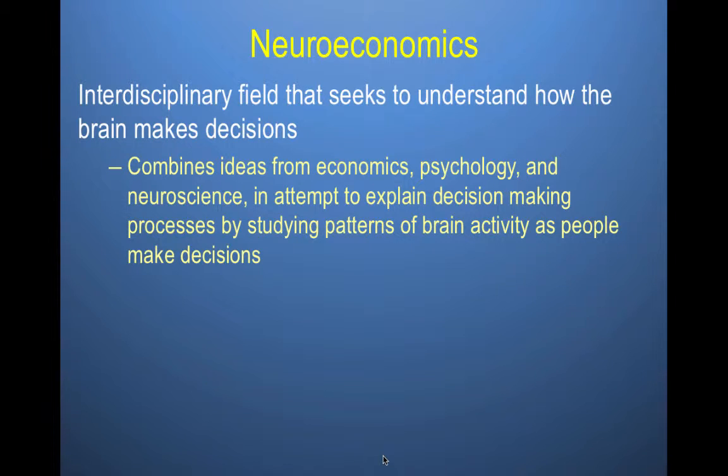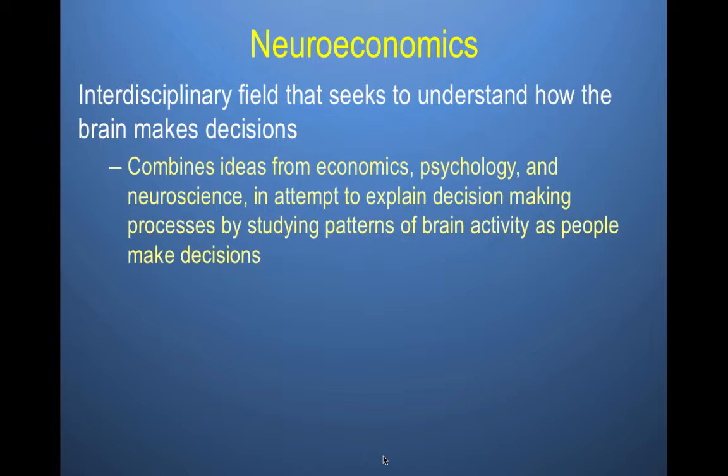So lots of times companies are particularly interested in these studies because then companies can conduct research to see, okay, what do people prefer about particular products? What are the ways that people are reacting to specific products or to specific situations that are influencing their purchasing and consumer behavior?